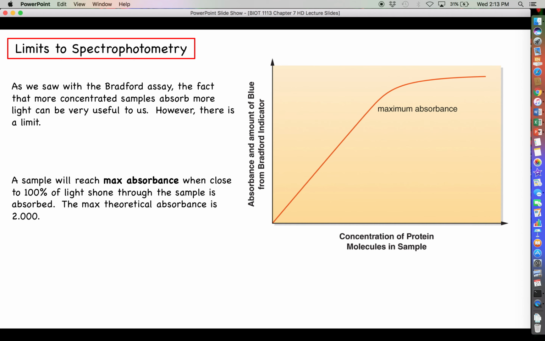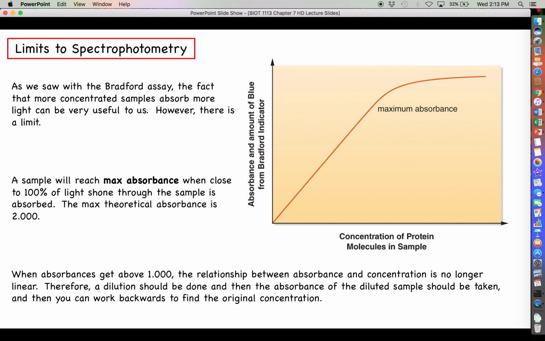So no matter how concentrated a sample is, if the absorbance value gets close to 2, you're not going to be able to distinguish between this sample and an even more concentrated sample, because at a certain point, the solution is so concentrated that no light can pass through it, which gives you your max absorbance. So generally speaking, we really don't want absorbance values getting much higher than 1.00.